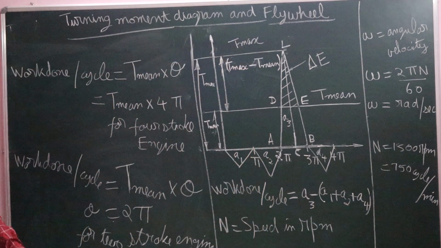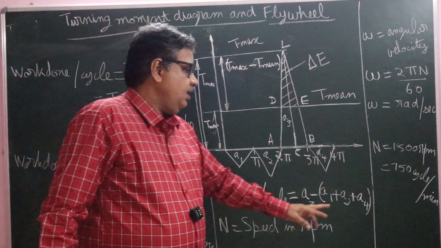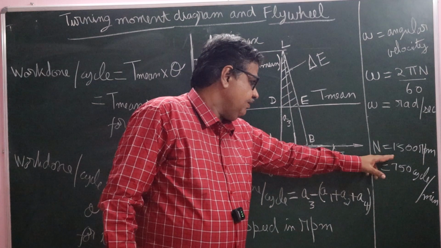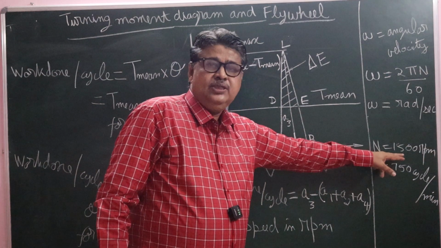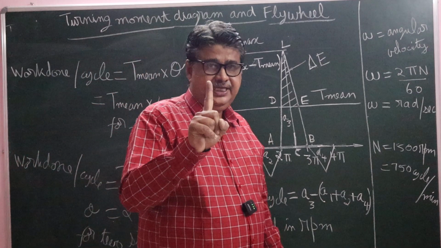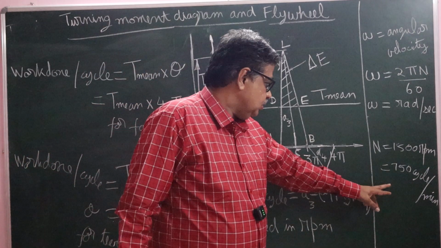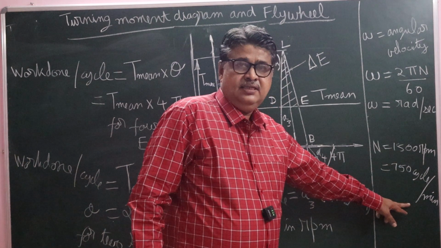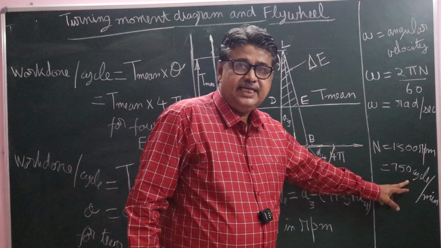In case of a 4-stroke engine, because the RPM we have considered is 1500 revolutions per minute, every 2 revolutions there is 1 power stroke, right? Therefore, 750 cycles per minute. Every 2 revolutions constitute 1 cycle.